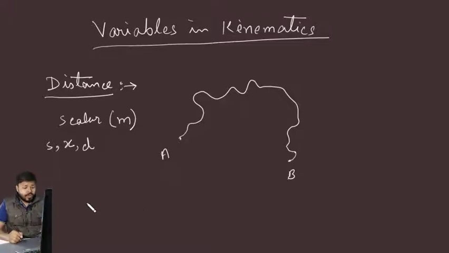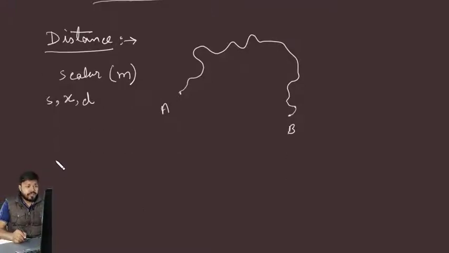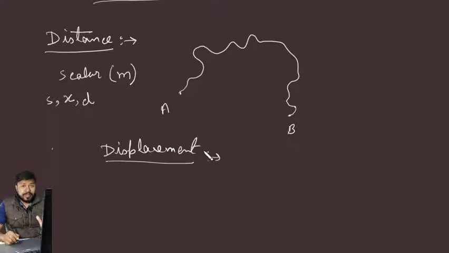Okay, now let's move on to the displacement. Displacement is nothing but the vector form of the distance.